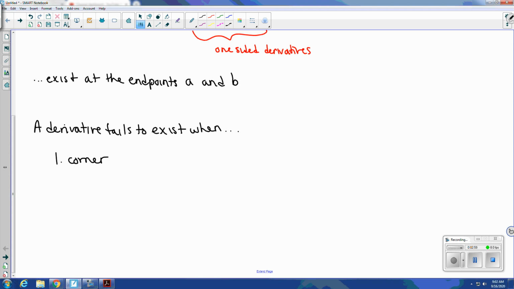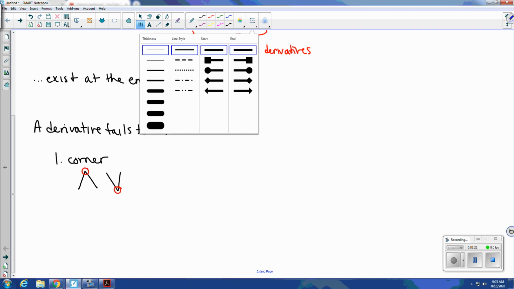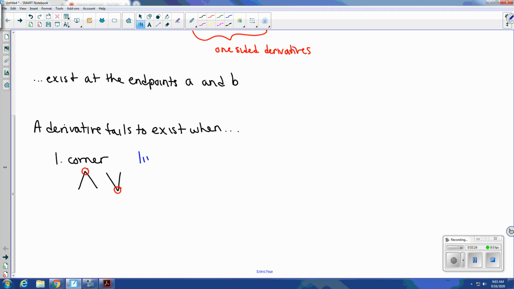And we don't want to just say there's a corner. We want to put some rigor to our reasoning. At a corner, visually, we could see something like that or that on our graph. At that corner piece, a derivative will fail to exist. Now, reasoning, we're going to say the limit.